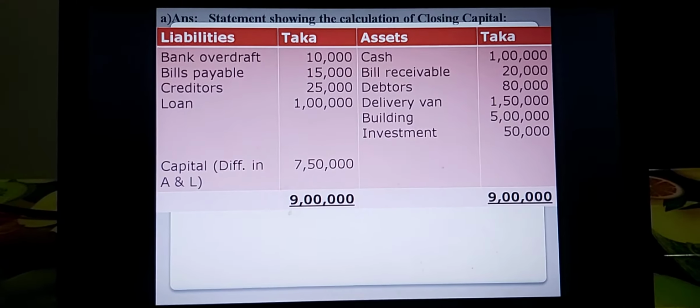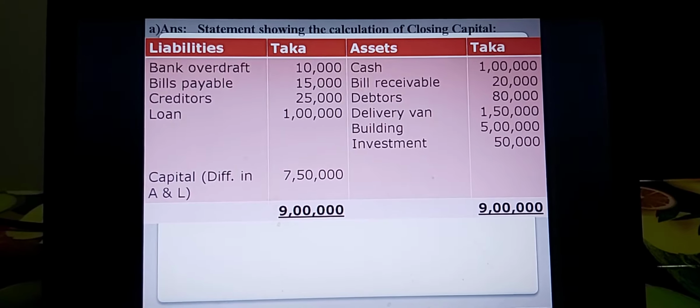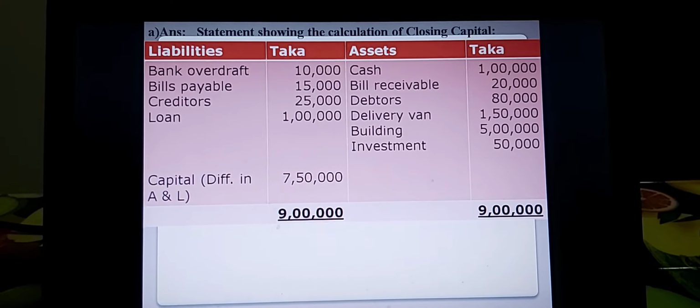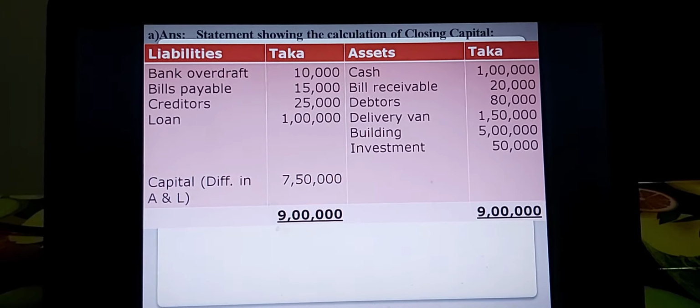Answer of A. Statement showing the calculation of closing capital. This statement is to be drawn in your copy. In left side, liabilities taka, in right side, assets taka.